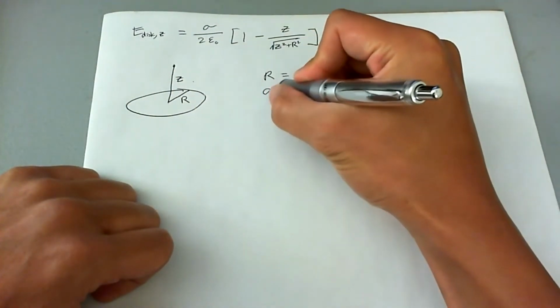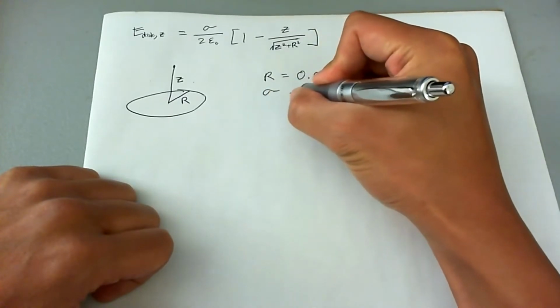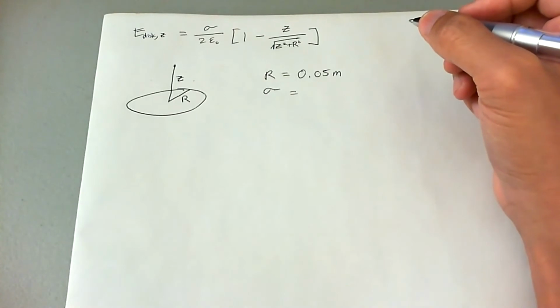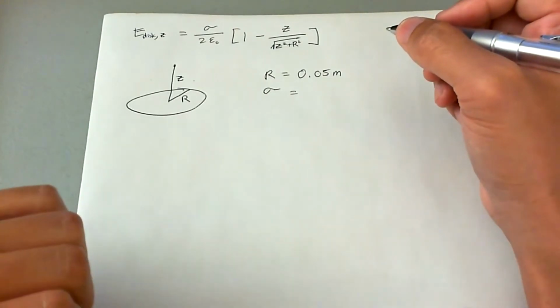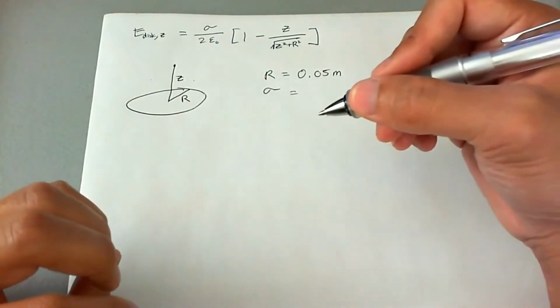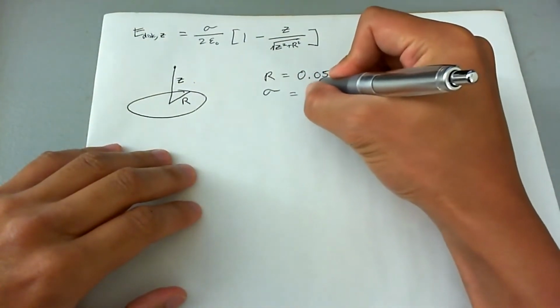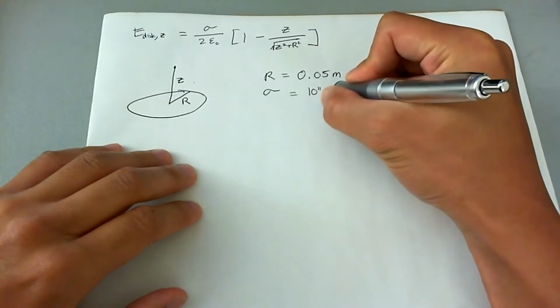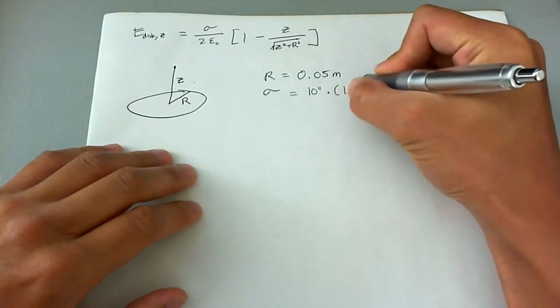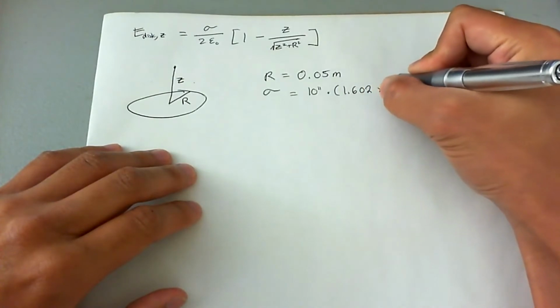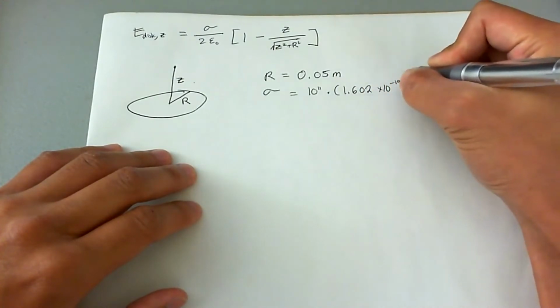The sigma, or the density of charge, is going to be equal to the amount of excess electrons multiplied by the charge of each electron, and then you divide it by the area of the disk. So the total charge on the disk is going to be the 10 to the 11 electrons multiplied by the charge of each electron, which is 1.602 times 10 to the negative 19 coulombs.